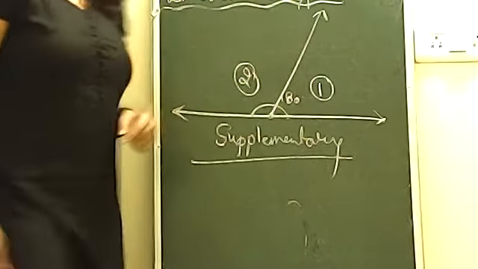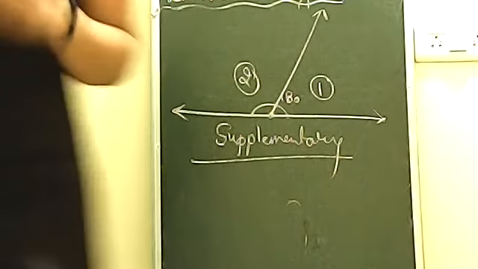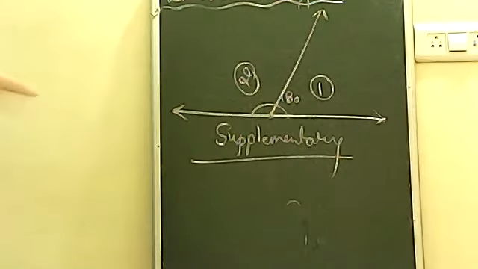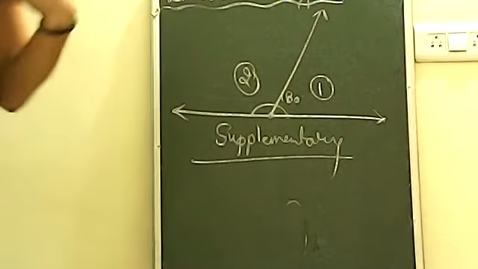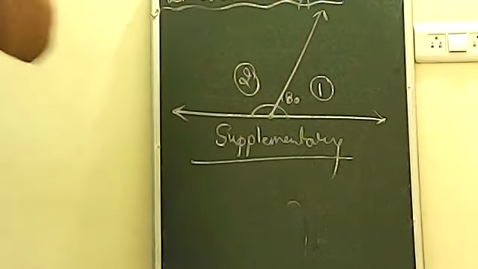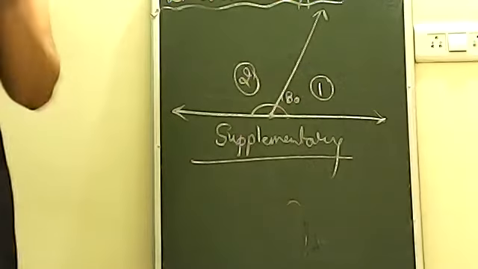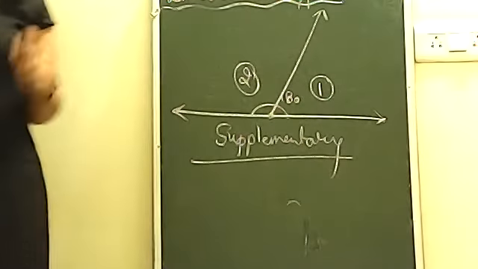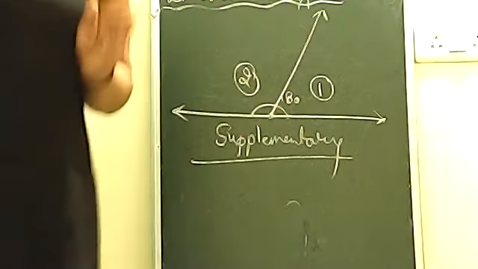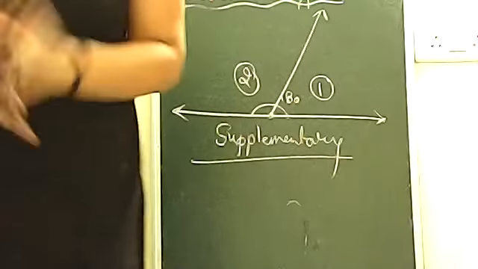What will be the other angle? Acute. Absolutely correct. अगर आपके पास एक सप्लीमेंट्री एंगल का पेयर है और उसमें से एक ऑब्ट्यूज है, तो दूसरा आपका कंफर्म है कि वो एक्यूट ही होगा.